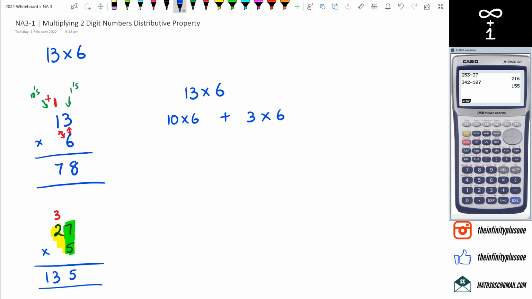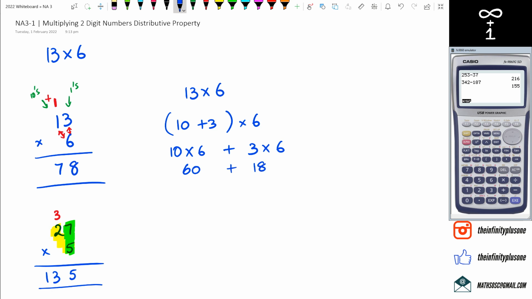If you want to break it down, there's one more step we can do. 13 could be written as 10 plus 3, multiplied by 6. The distributive property says you can take each one of those elements, so 10 times 6 plus 3 times 6. 10 times 6 is 60, plus 3 times 6, which is 18. 60 plus 18 is 78.